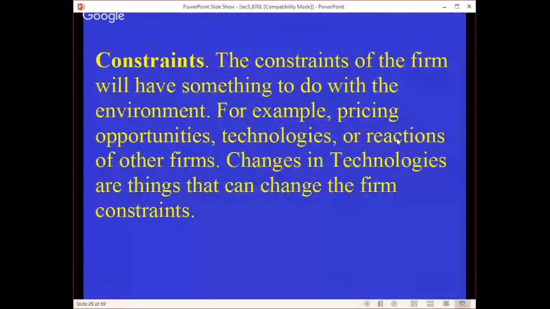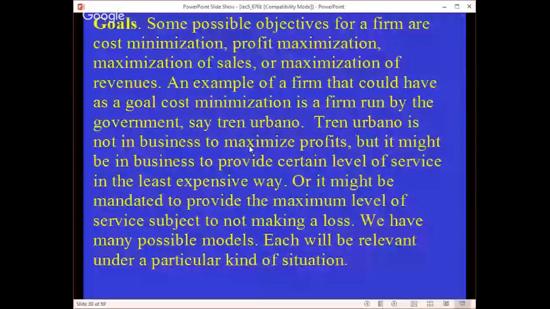Changes in technologies are things that can change the firm's constraint. Okay. The goals. For a firm, there can be multiple goals. Basically, for the consumer, we assumed the goal was utility maximization, maximize the satisfaction from consumption. For a firm, we have different possibilities. It can be cost minimization, revenue maximization, sales maximization, or what we'll assume for the most part, profit maximization.